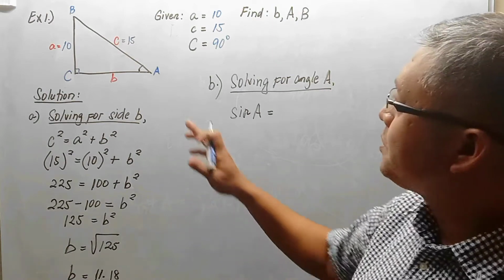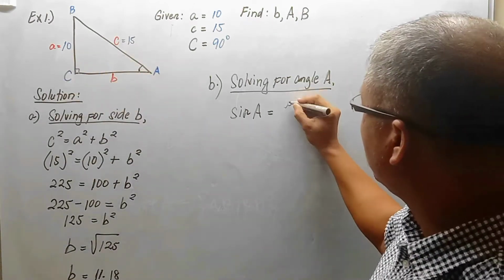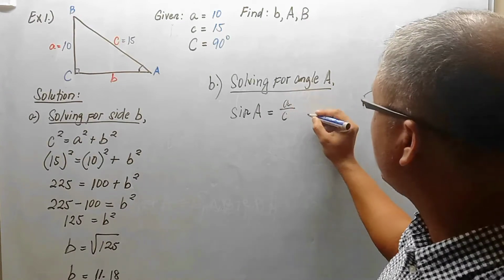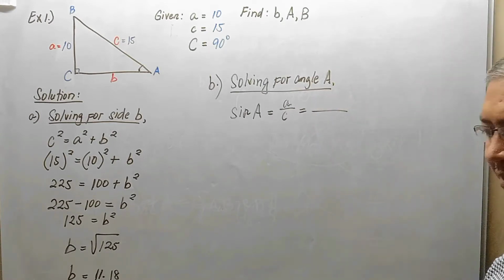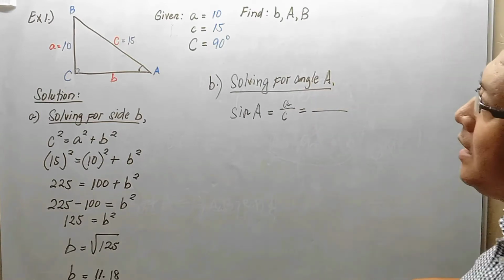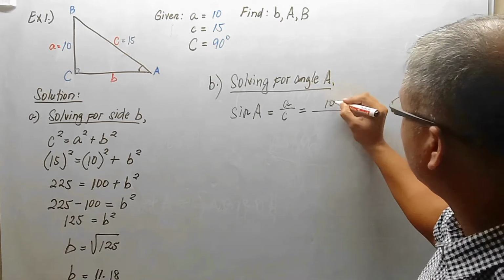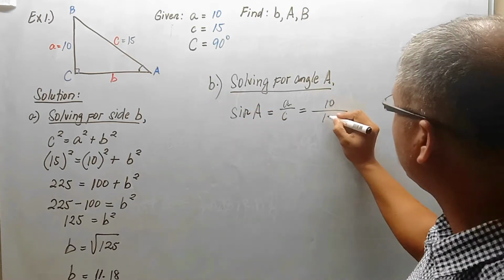Opposite over hypotenuse. So A over C is equal to, how much is the A value? A is 10, over C. C is 15.